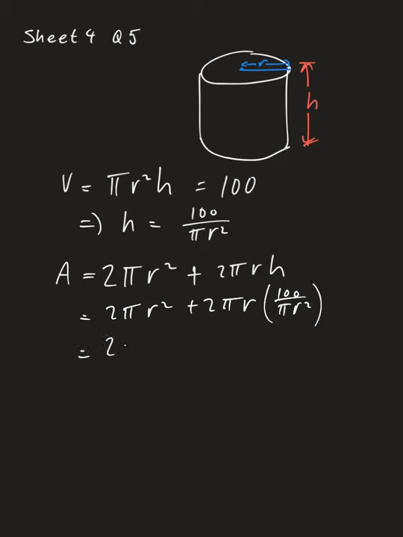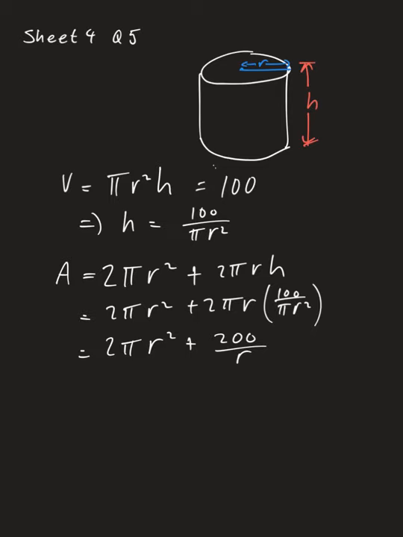When I work that all out, I get that the surface area is 2 pi R squared plus 200 divided by R. So I've written the surface area as a function of the radius. The reason I can write it purely as a function of the radius and not as radius and height is because we have the constraint on the volume. That's why I was able to say that the height is equal to 100 over pi R squared.